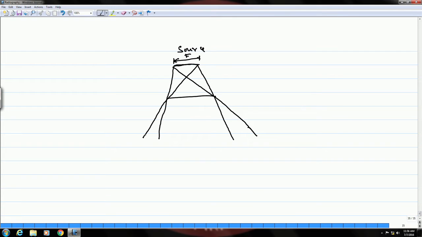So, the rays will come from multiple points, and on the film this is how the density data will appear.